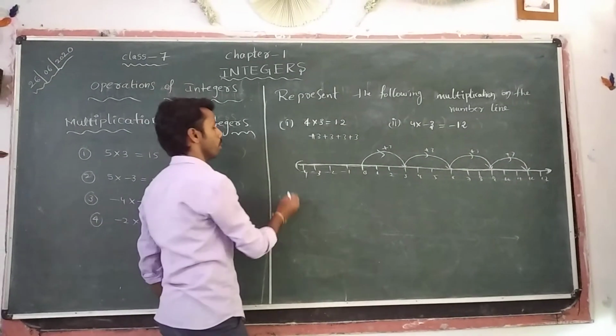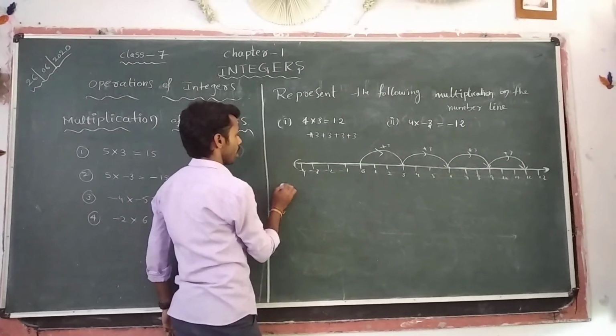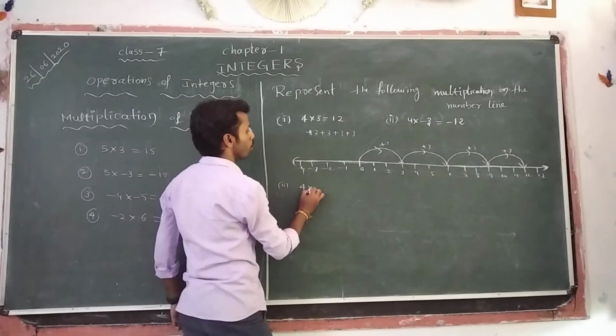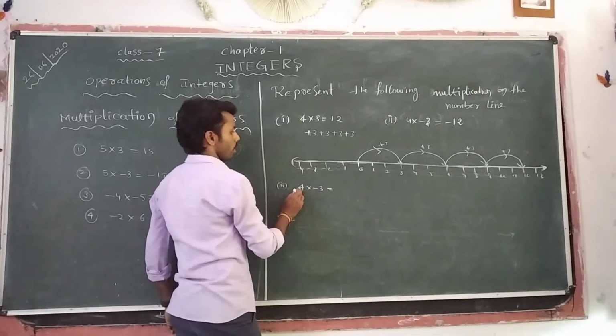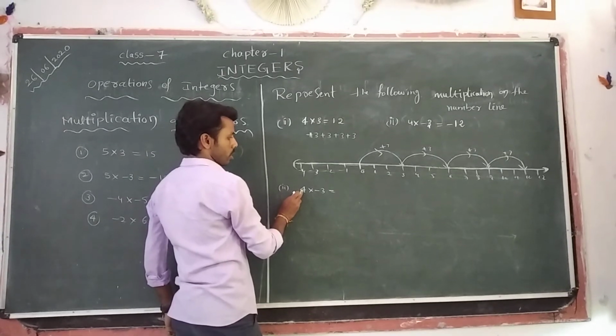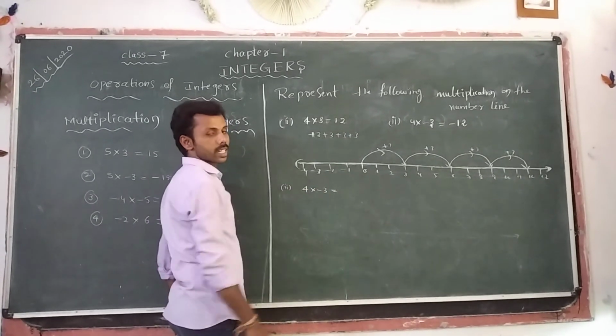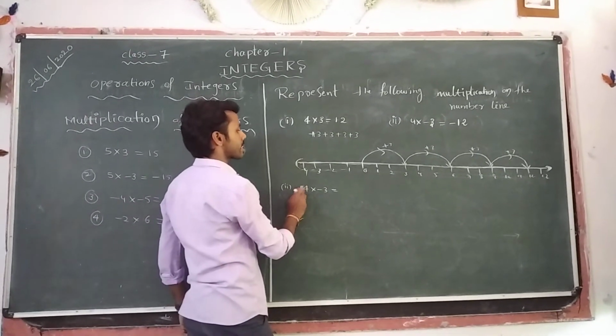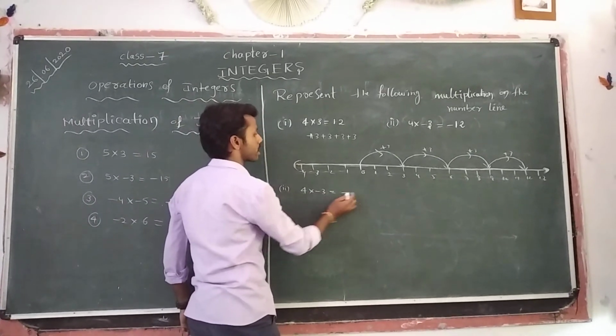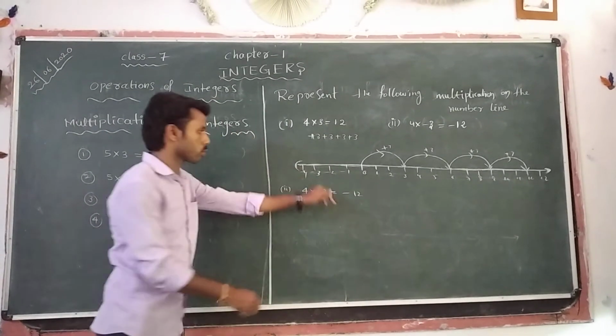Next, another example. 4 into minus 3. Positive 4 is a positive integer and minus 3 is a negative integer. So plus into minus gives minus. 4 threes are 12, so minus 12.